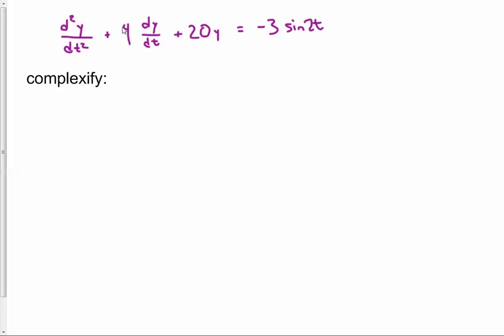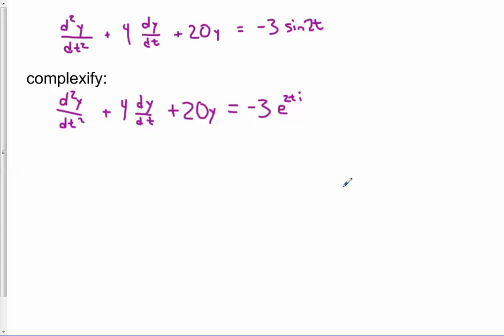Okay, so here's the differential equation. We want to find one particular solution, our yp. And what we're going to do, it's called complexification. We are going to complexify this. So here's what I mean by that. On the right, instead of minus 3 sine 2t, I'm going to put minus 3 e to the 2ti.